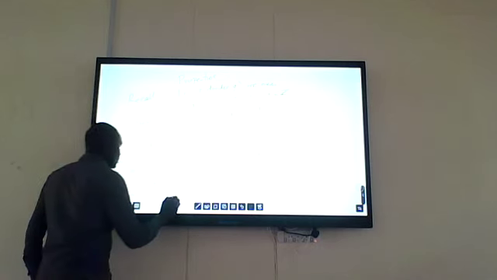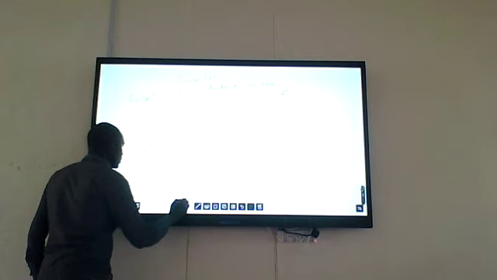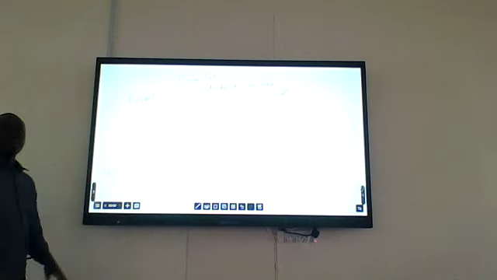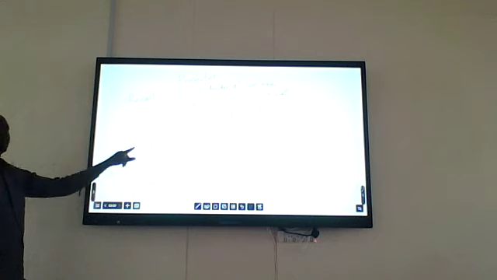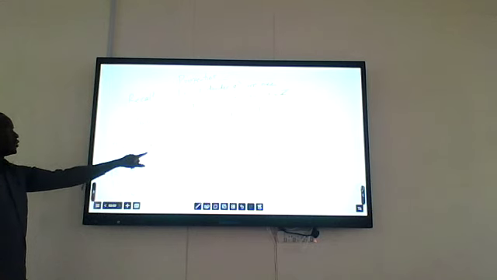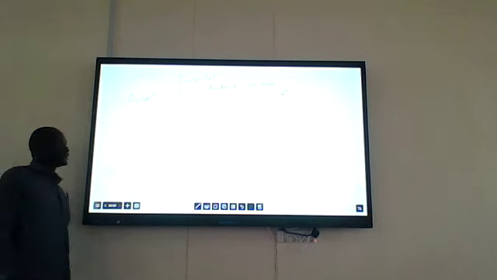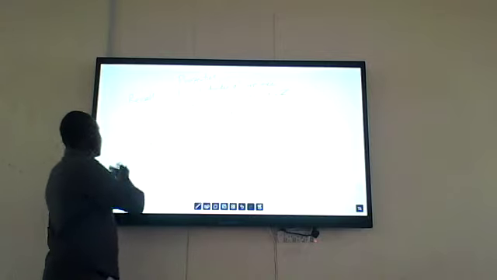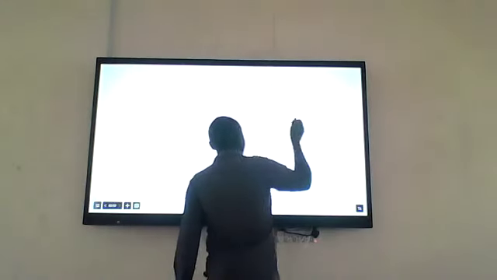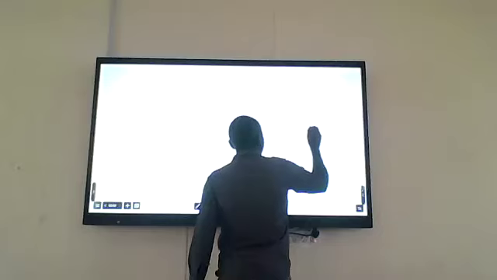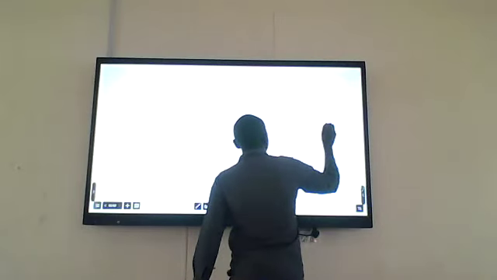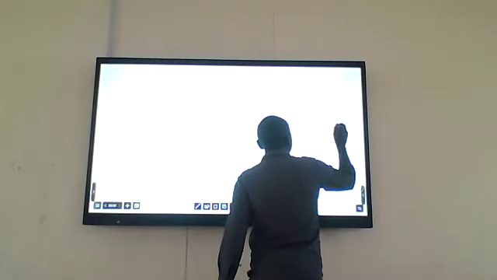So 3 divides 3, which is exactly the same thing as 7 is congruent to 4 mod 3. So 3 divides 7 minus 4. So 3 divides 3.